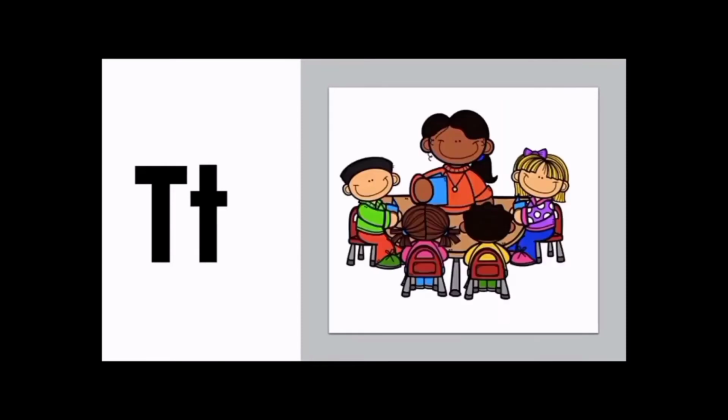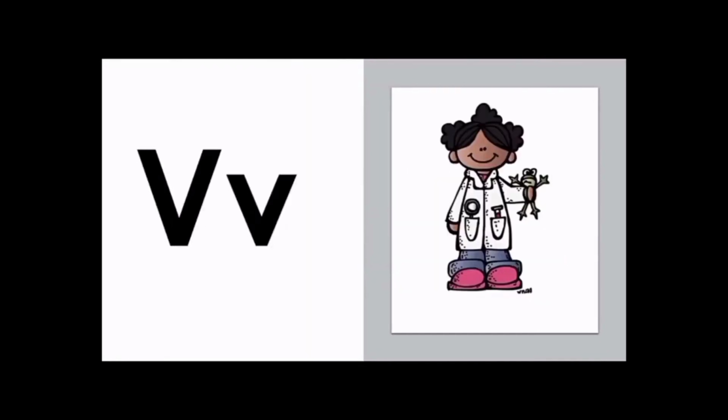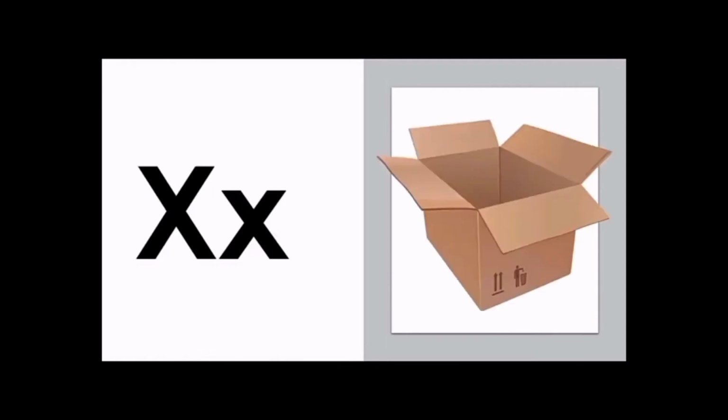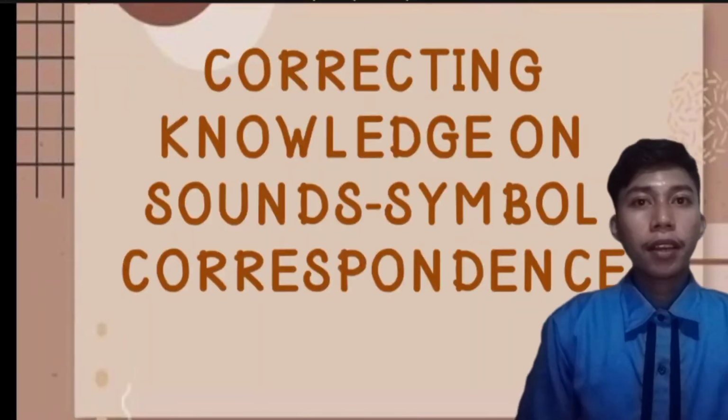T, teacher. U, umbrella. V, vet. W, watermelon. X, box. Y, yo-yo. Z, zero. I hope you learned a lot today.